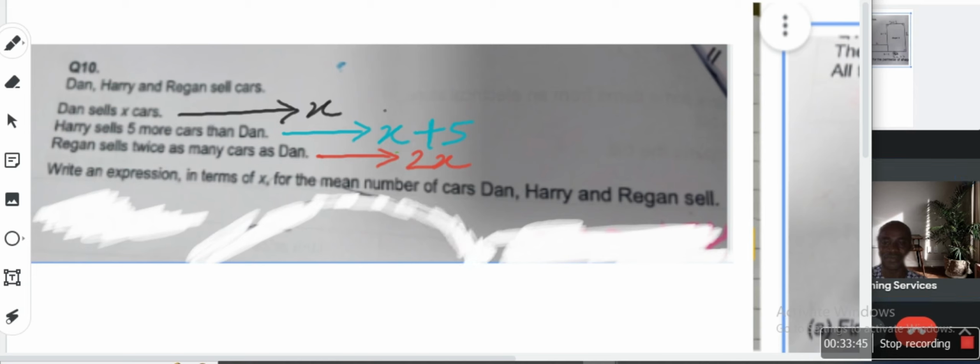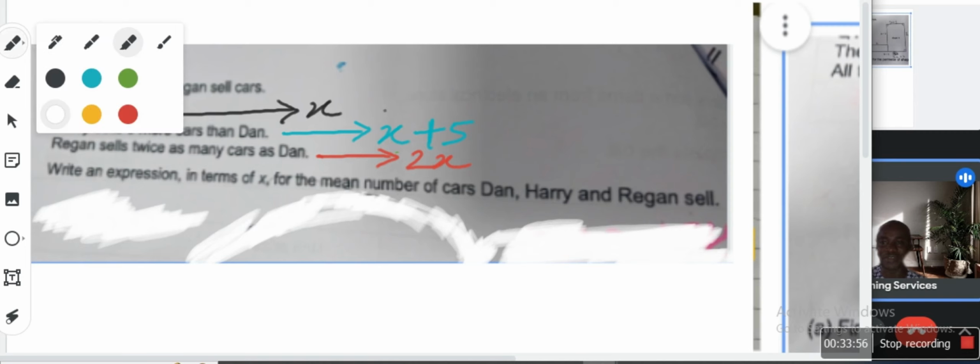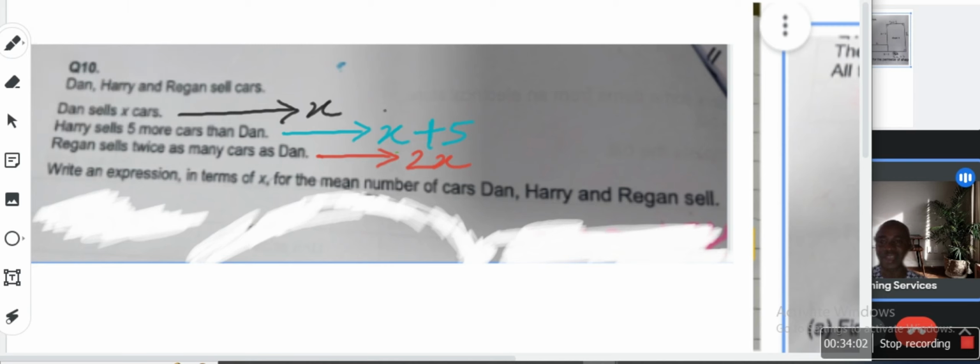You add up everything and divide by how many they are, isn't it? How many sellers do we have there? Dan, Harry, Regan, 3. So we add up the number of cars they sold.